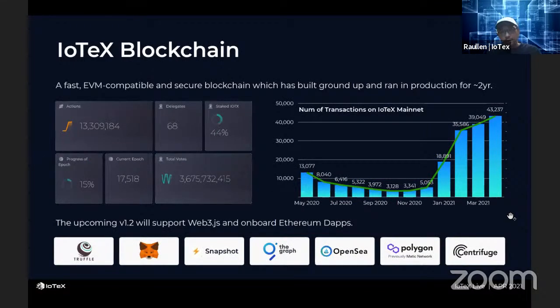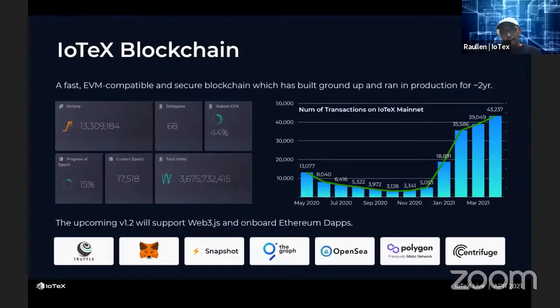Talking about the blockchain, like I said, it's fast, EVM compatible, and built from scratch. It has been running with 100-ish delegates worldwide for almost 2.5 years, and has processed something like 12, maybe 30 million transactions already. As you can see, the curve has gone up recently.